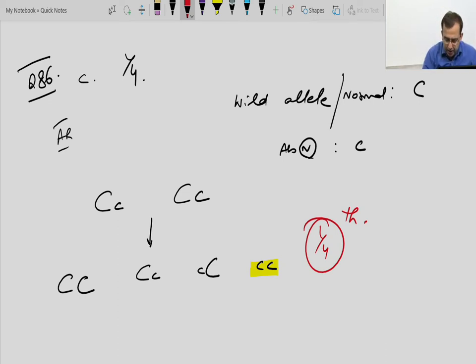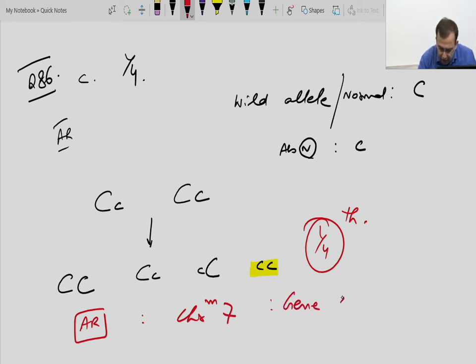It is inherited as an autosomal recessive disease present on chromosome 7, and the gene abnormality associated with this is the CFTR gene.